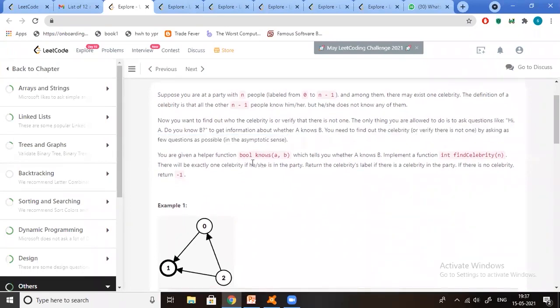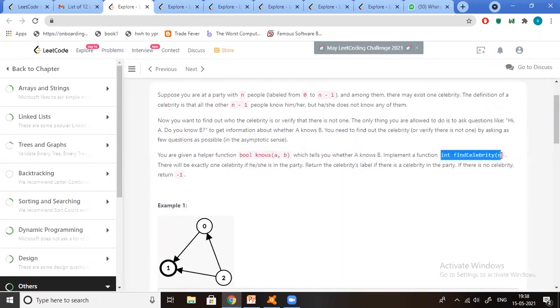We have been provided a helper function which returns a boolean, knows(A, B). That is telling us whether A knows B or not. We are not going to implement this function, right? It is going to tell us whether A knows B or not.